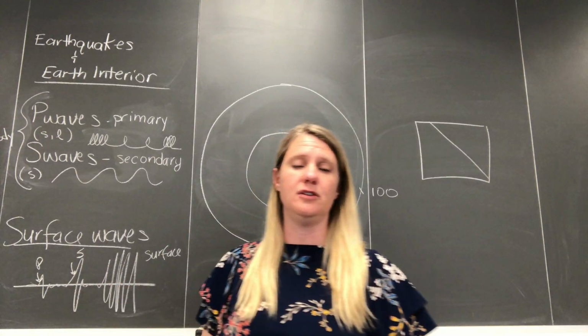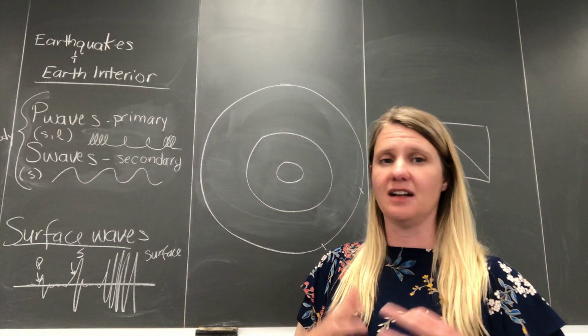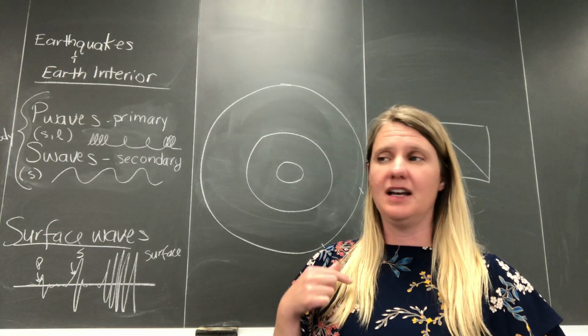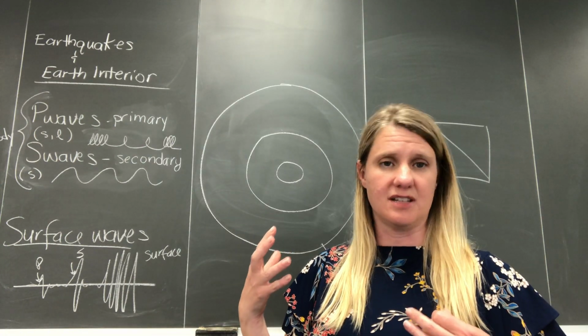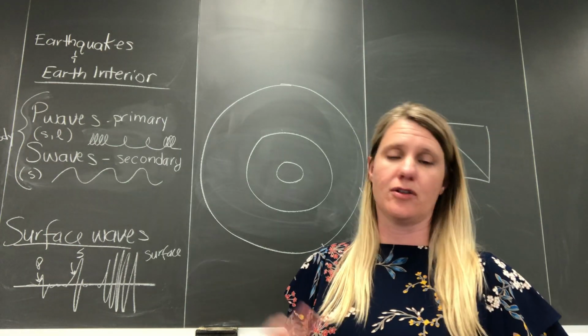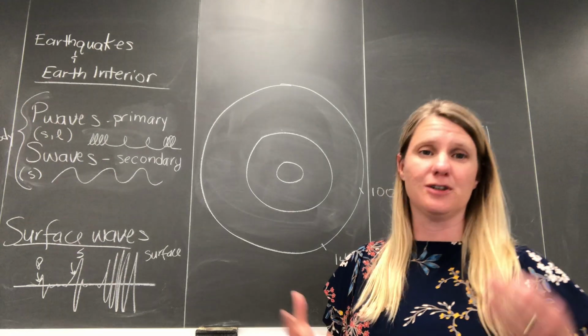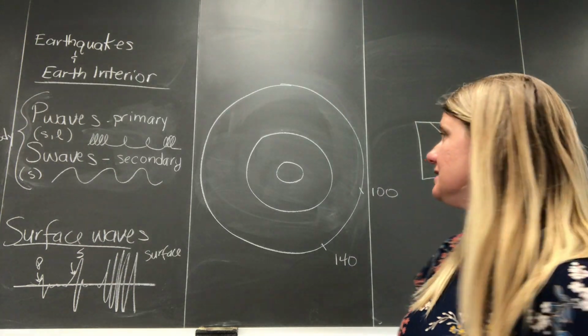Just like when you were little, if you counted between the thunder and the lightning to tell how far away the storm is. That's because light travels faster than sound, of course. And so the longer it takes for the thunder sound to catch up to the lightning, the farther away the storm is. And that's the same kind of principle, except using computers to determine where an epicenter is.